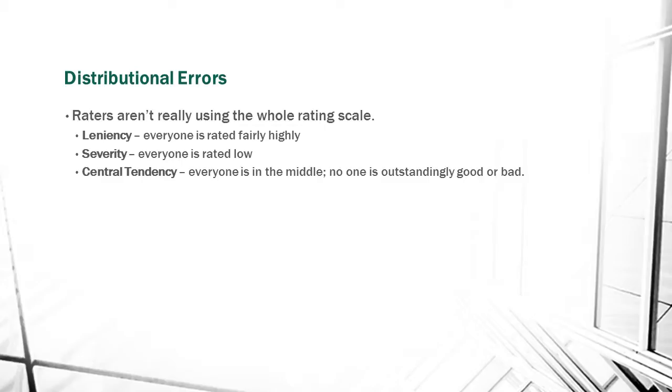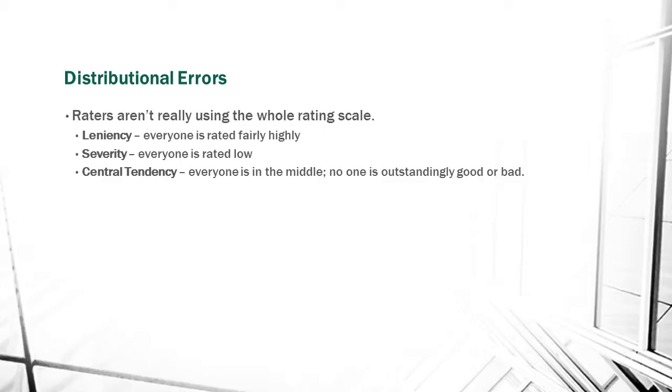This corresponds to that last stage in the rating process, where you might be disregarding some information or using that information in a biased way. If you tend to believe that all of your employees are good, you might tend to have a leniency bias. If you tend to say, well, most of my employees are average, you have to be really outstanding to get a good rating from me, you're biasing your ratings in the direction of central tendency.